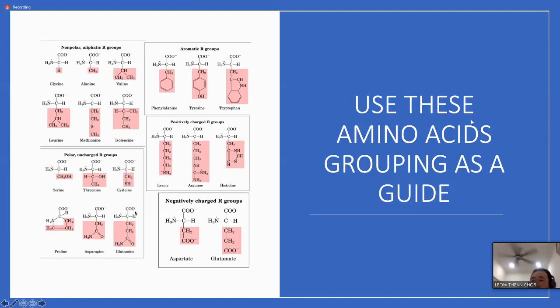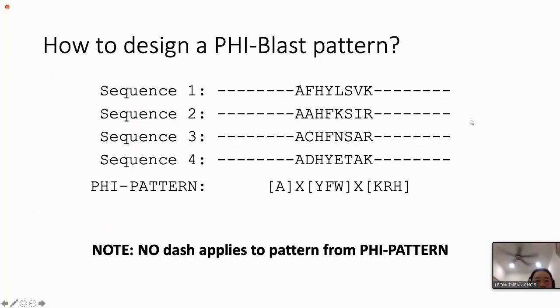You can design the pattern by grouping them according to the classification for each group of the amino acid. For example, here you see first column is invariant. So you don't need to put the bracket here because it is invariant.